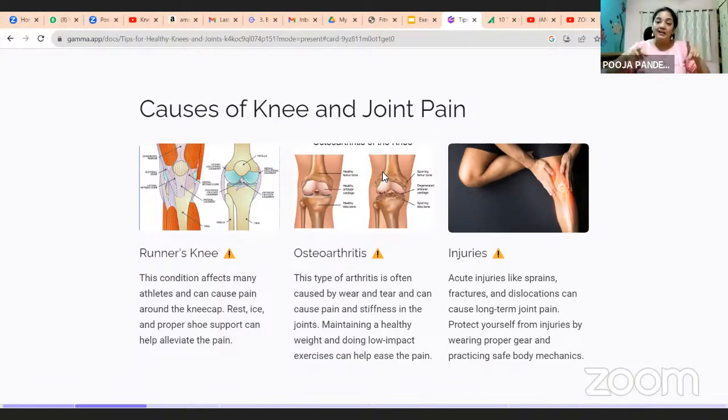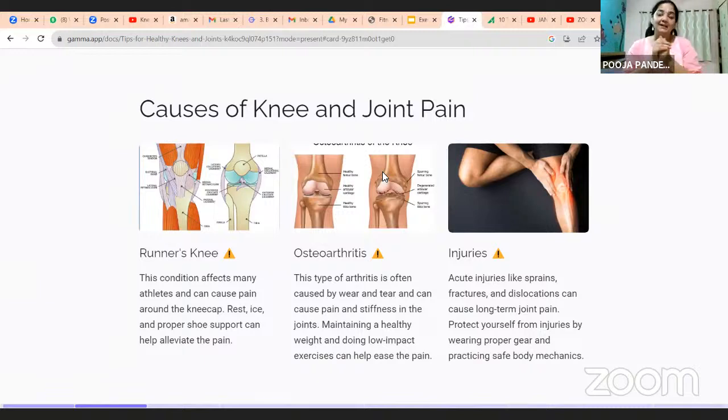If there is degeneration happening, a cartilage tear, or bony changes, spondylotic changes, osteoarthritic changes, you basically want less load on the bone. For causing less load on the bone, you need to strengthen the muscle. So it is very important to strengthen the muscle.